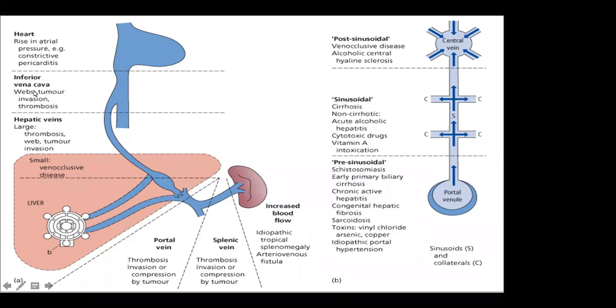In the case of the inferior vena cava, again, webs, tumor invasion, or thrombosis. If the cause is in the heart, the commonest one is constrictive pericarditis. So this is just the general causes of portal hypertension, and I'm going to concentrate mainly on schistosomiasis and cirrhosis.